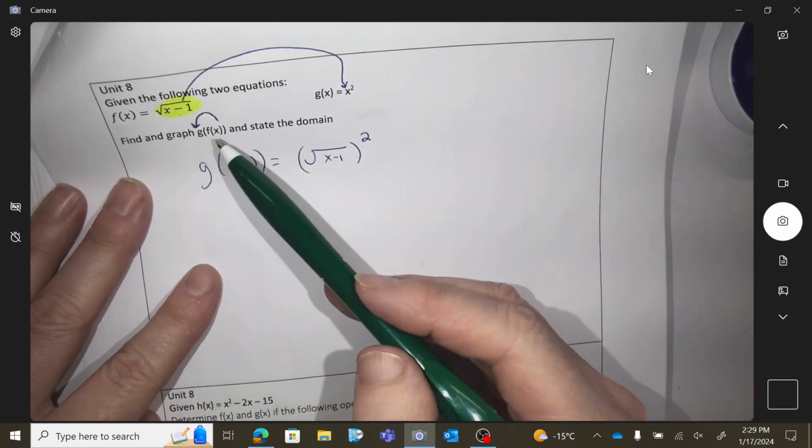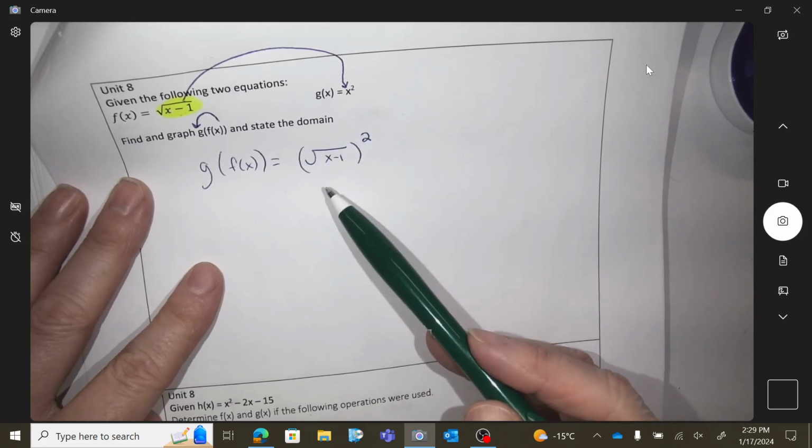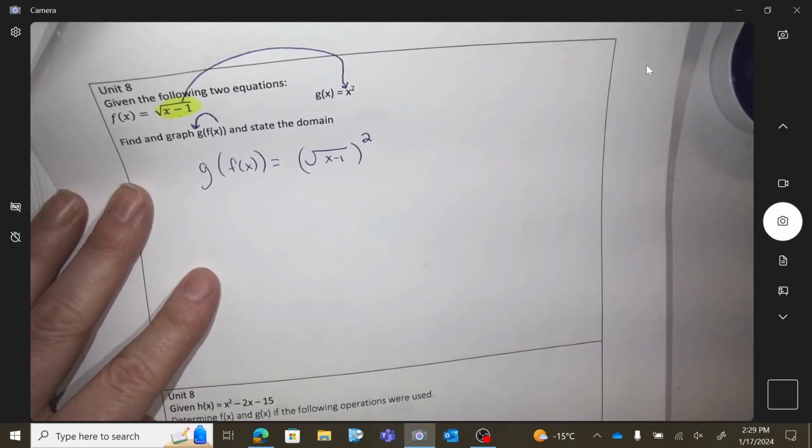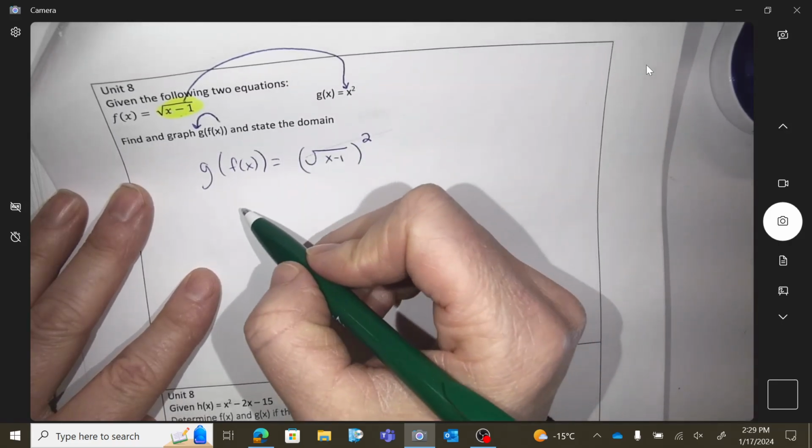So I put that f into the g. Does that make sense? And then you should think about simplifying it. So the square root cancel.